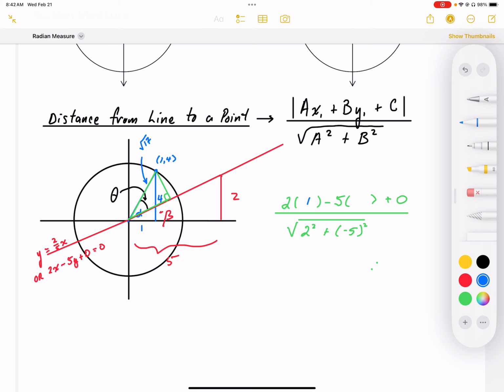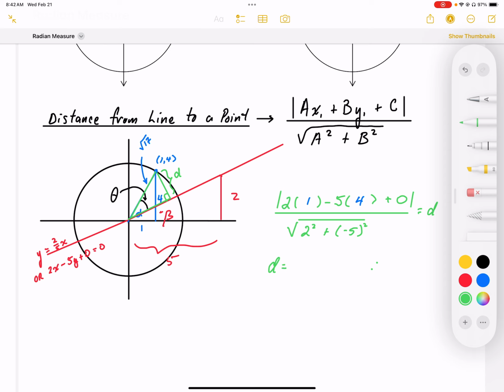Then we plug the coordinate in question, 1 and 4, into x1, y1, and work out that distance value. That is equal to the distance. This length here is going to be the d.